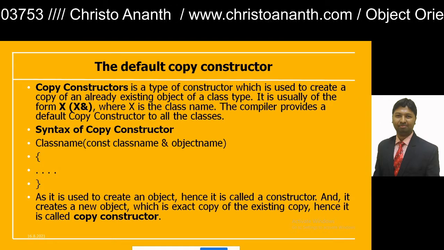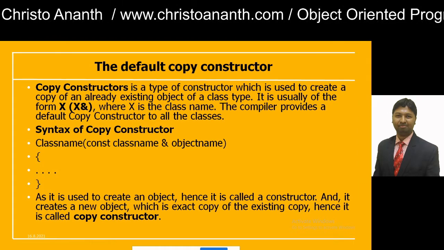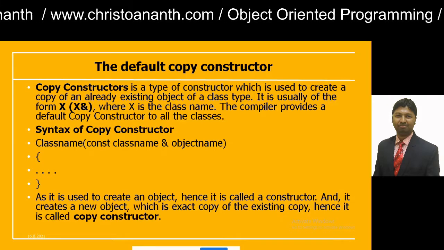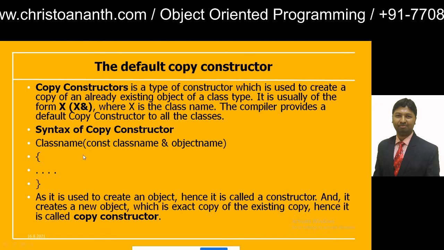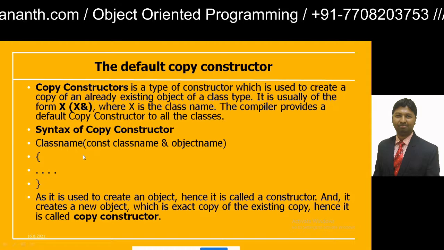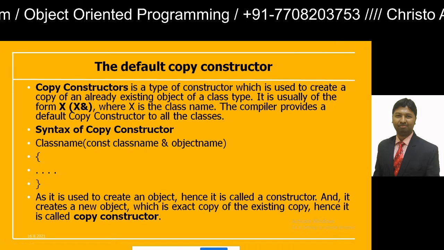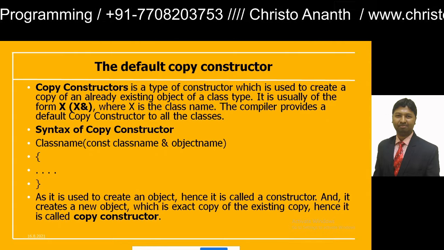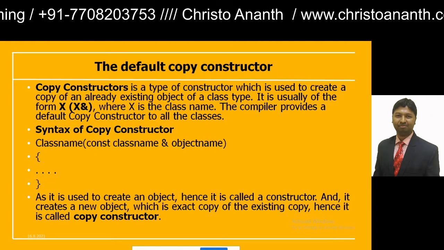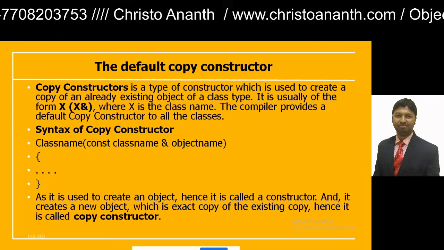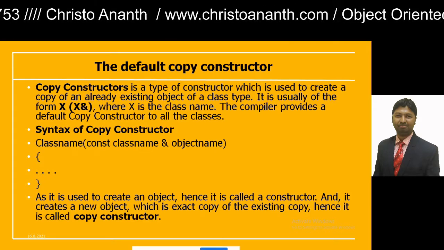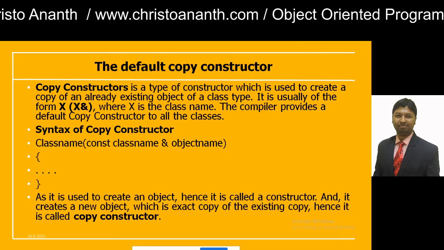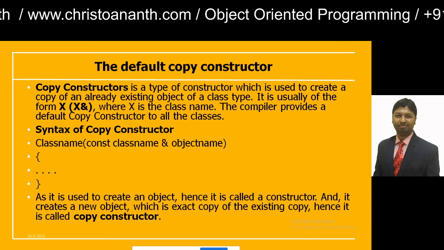The copy constructor syntax is: class name, const class name & object name. This is how you create a copy of an already existing object of class type. Since it creates an object, it is called a constructor. It creates a new object which is an exact copy of the existing one, which means you call it a copy constructor.